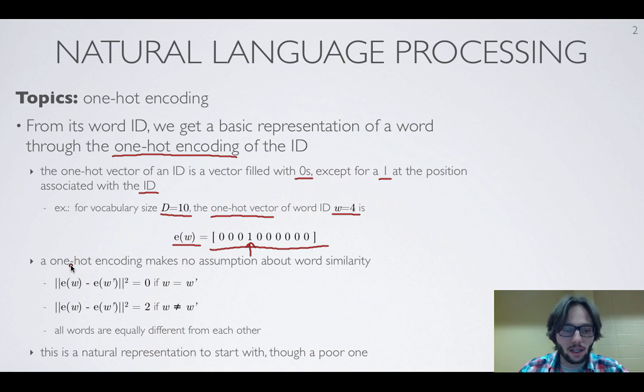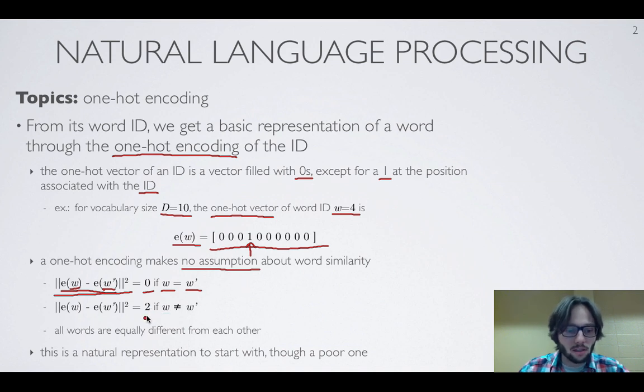What's nice with the one-hot vector is that it actually makes no assumption about the similarity of the words. Specifically, if we look at the squared Euclidean distance between the representation of a word W and a word W prime, so if you take the difference and then look at the Euclidean norm of that difference, it's going to be 0 if W and W prime are the same, that is, they correspond exactly to the same word.